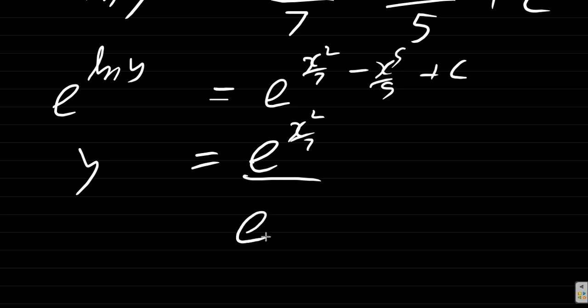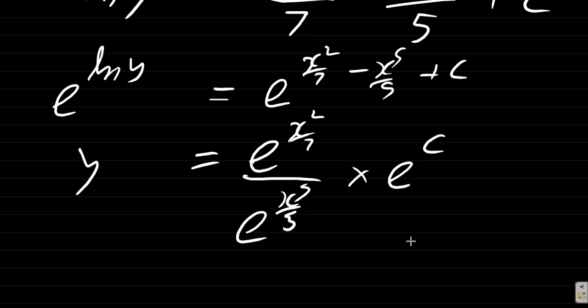This would be e to the 1 power divided by e to the power that you subtract, x to the 5 over 5. Alright, and then times e to the c.